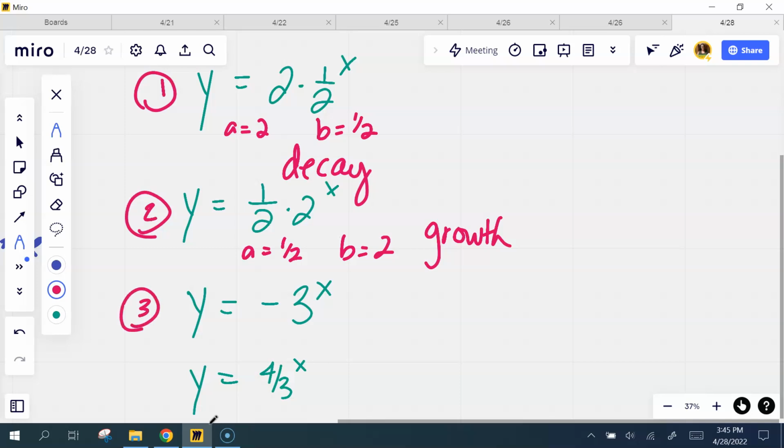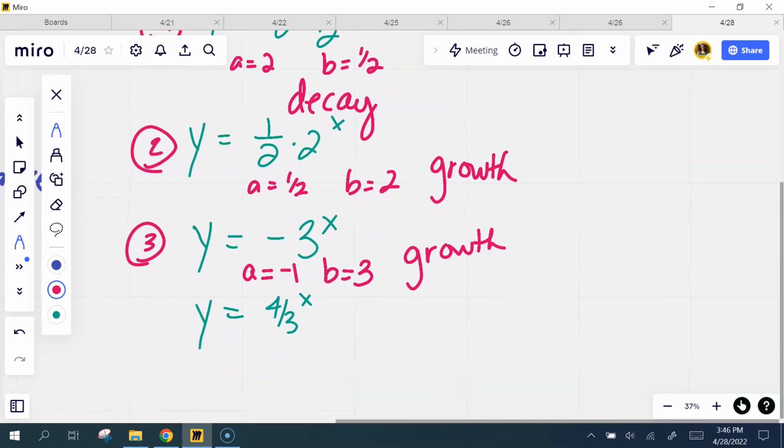And let's look at the next here. This one's a little bit tricky. There's the negative in front. Remember, B can never be negative, so this means A is -1. And of course, B is 3. And because that's bigger than 1, we are in a growth situation. Last one. Here, it looks like A is missing, right?